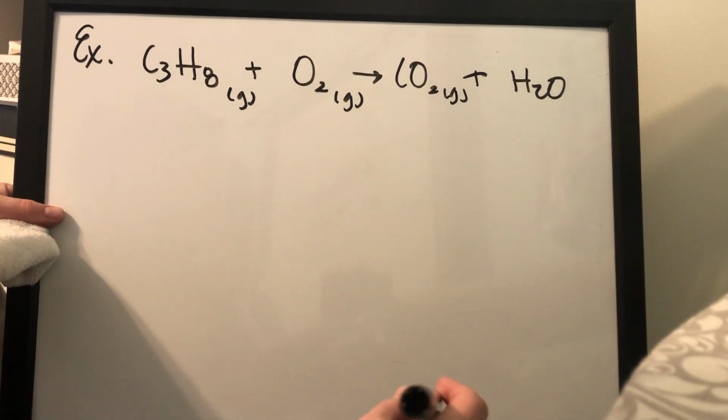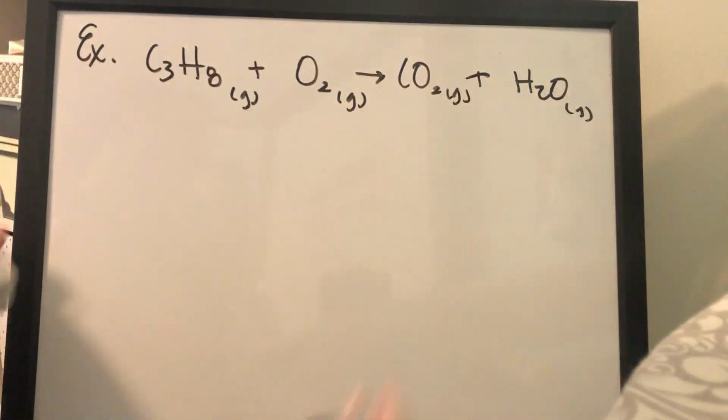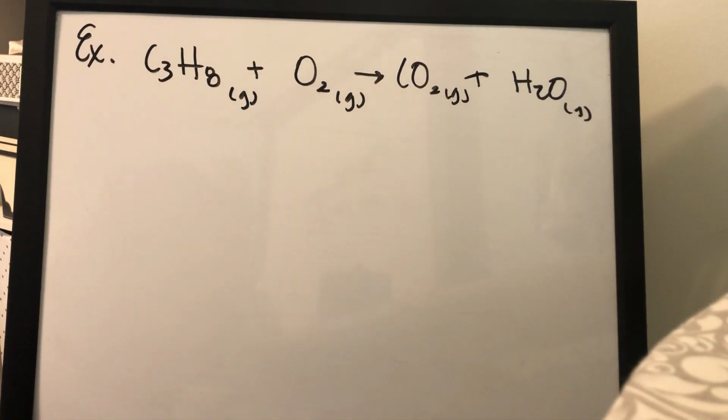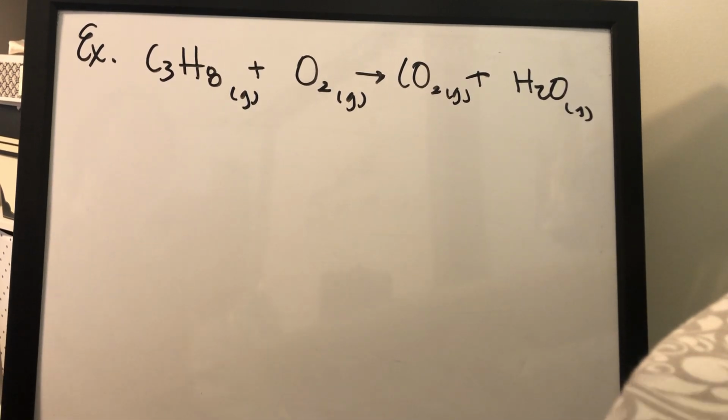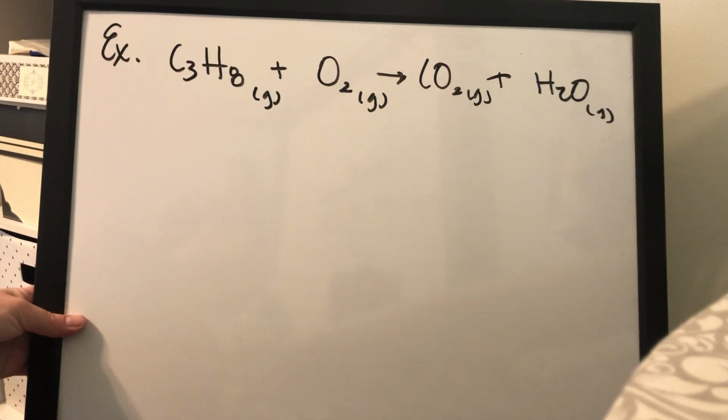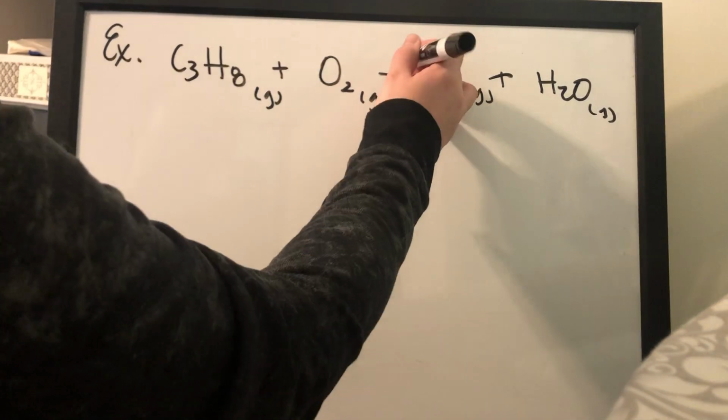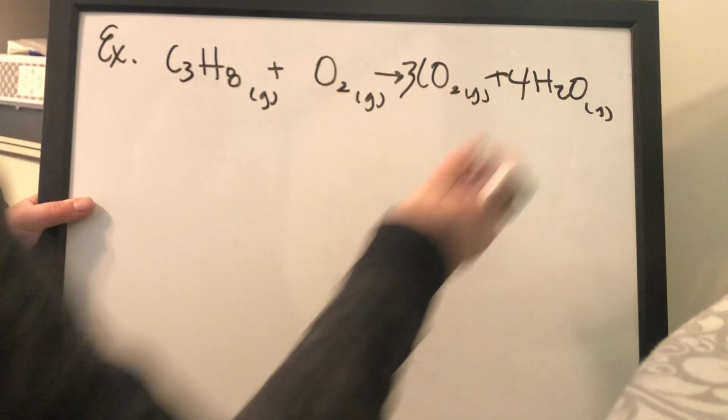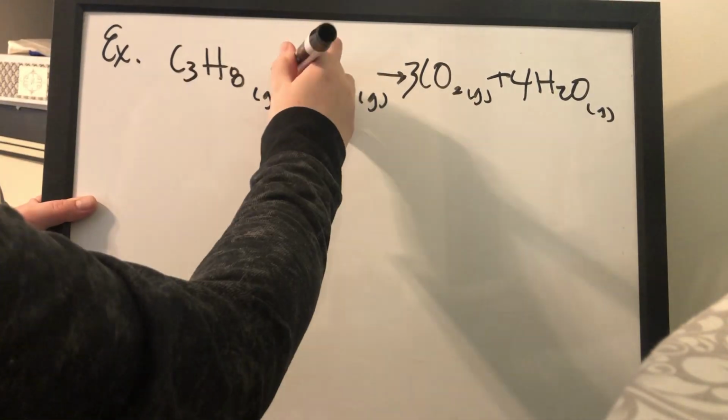I think I did H2O gas. Let me check. Okay. So let's say I have this reaction. It's not balanced, so I need to balance it. 3 carbons, 8, 10, so 5. Okay, so there we go.